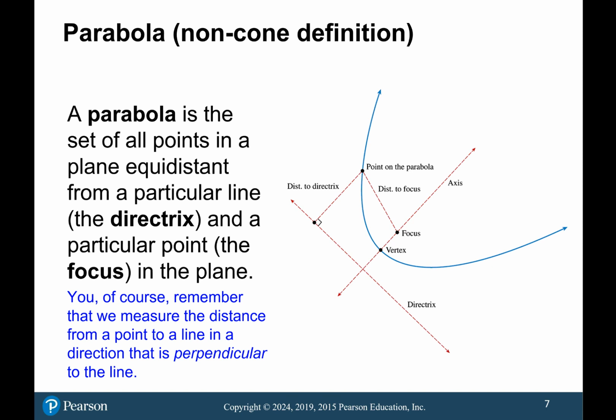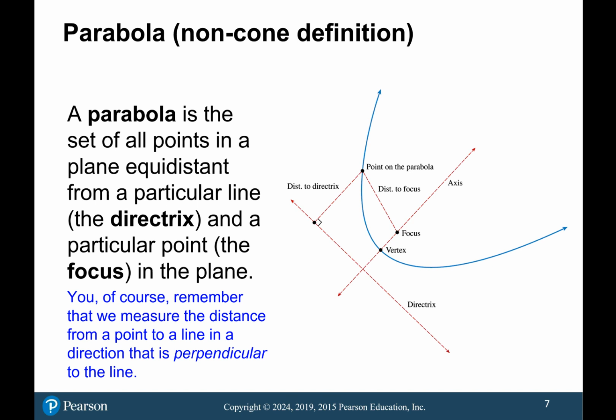Okay, so the distance from a point to another point, that's pretty easy. Of course, you remember, we measure the distance from a point to a line in a direction that's perpendicular to that line.